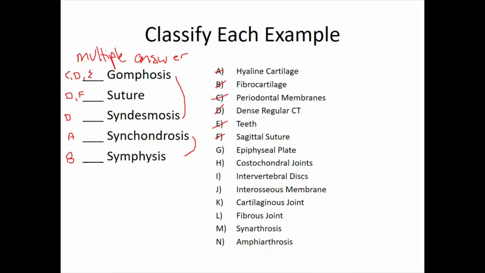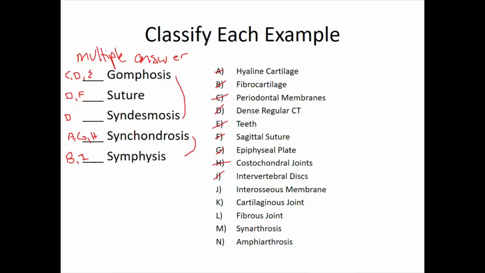Costal cartilage, same thing. That's cartilage. So we're down here in the cartilaginous. We'll add it to the synchondroses. Intervertebral discs. That would be the symphysis. Interosseous membrane. This is specifically a fibrous joint.